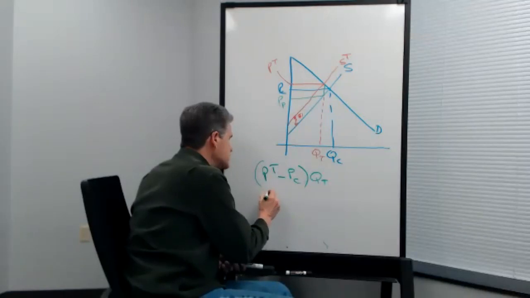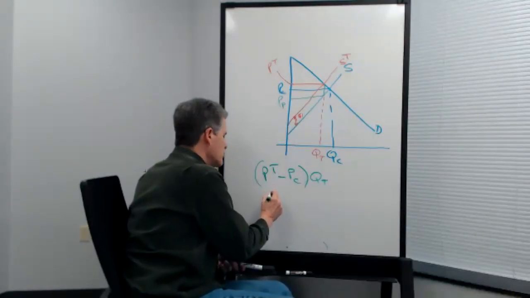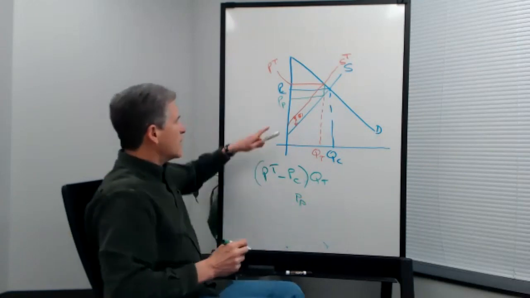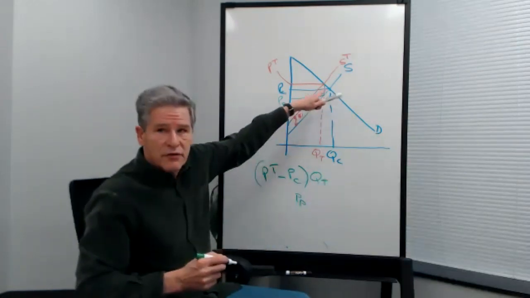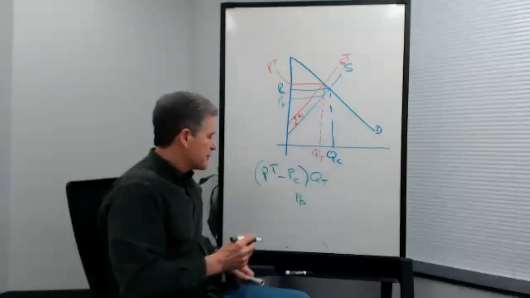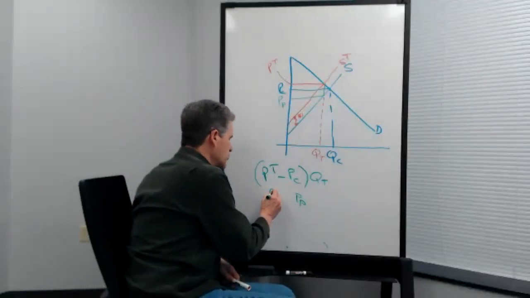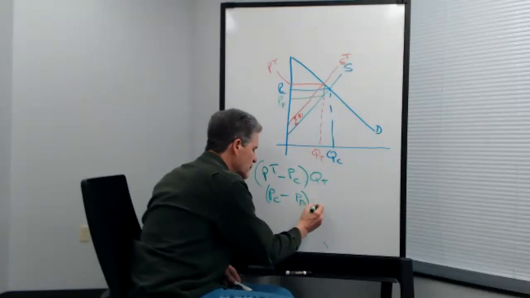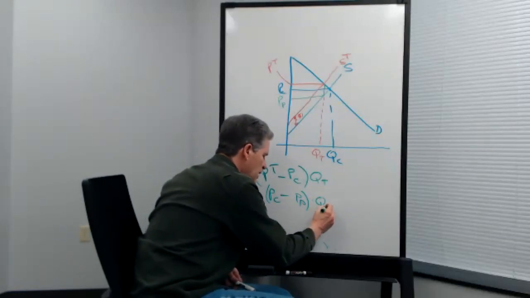Producers are receiving PP, that amount right there, because the government's taken the gap. Before they were getting PC, and multiply by QT.